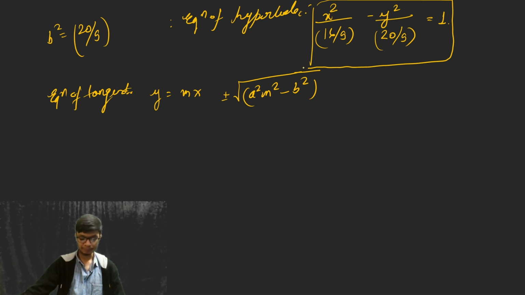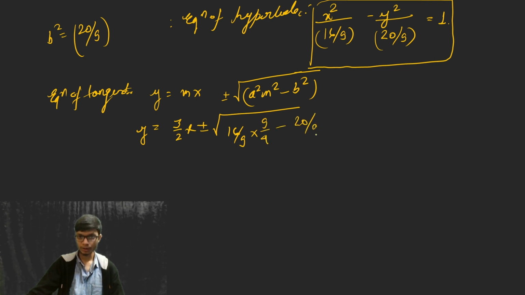And with this you will get the equation of the tangent, that is y is equal to, so we have the slope as 3 by 2, so 3 by 2 into x plus minus root under a square, which is basically 16 by 9, into m square, which is 9 by 4, minus b square, which is 20 by 9.